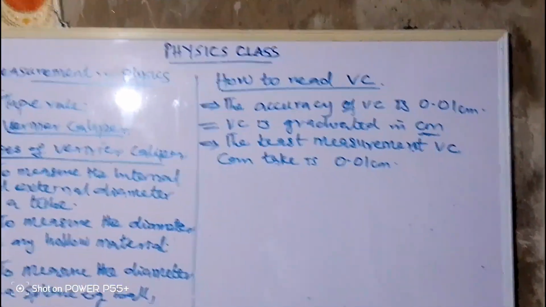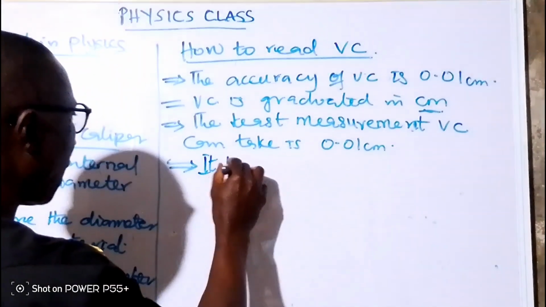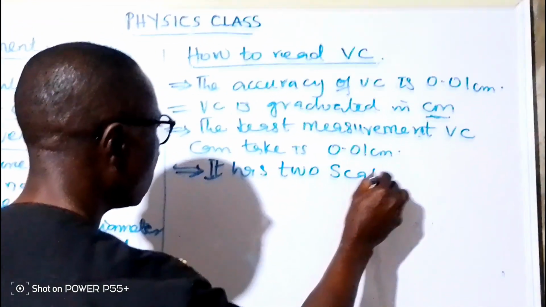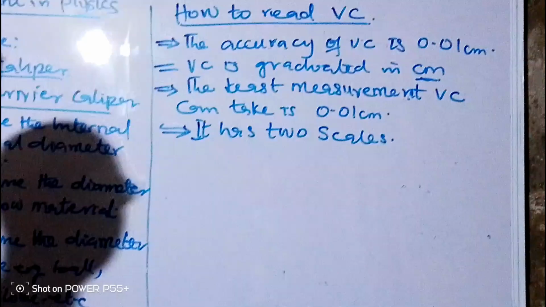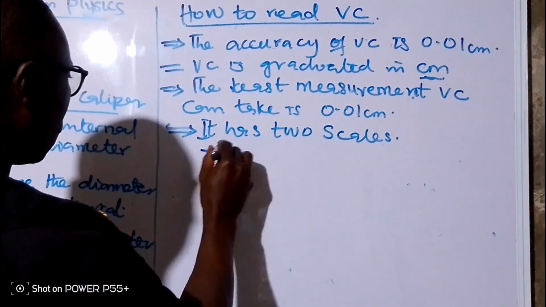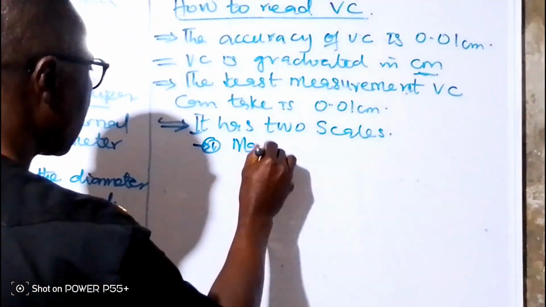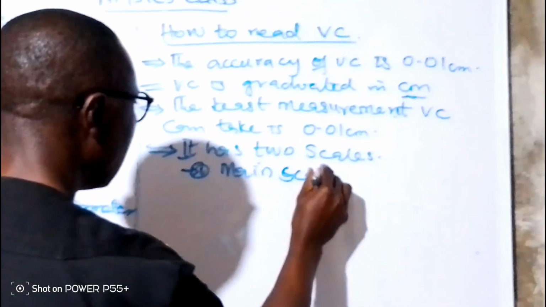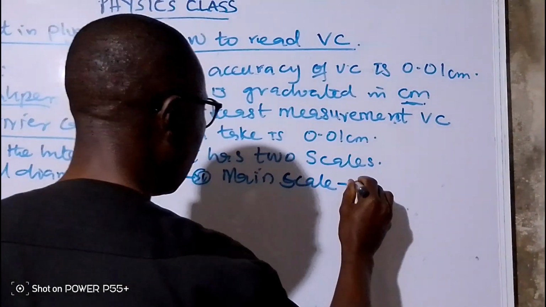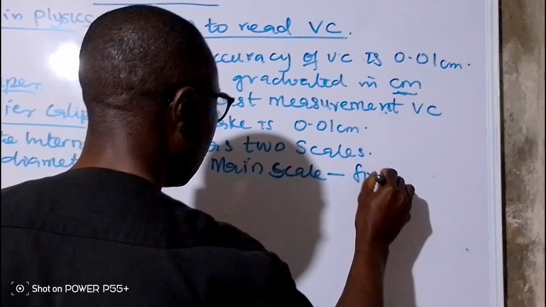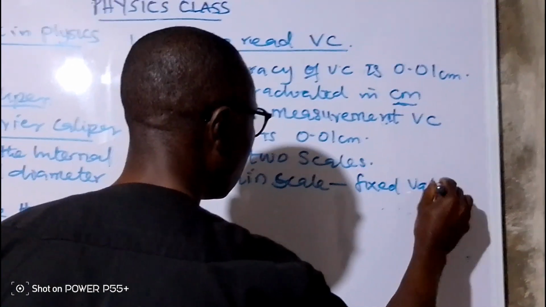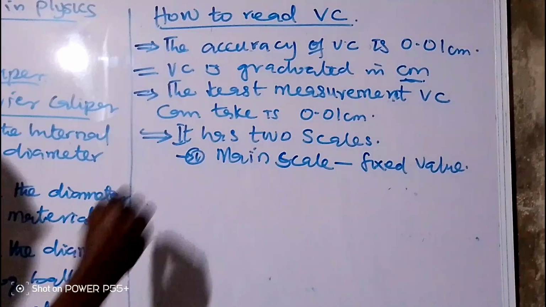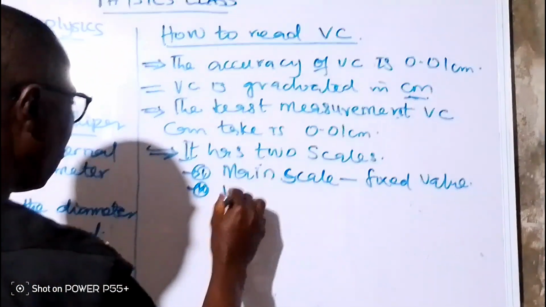It has two scales. One, main scale. This one has fixed value. Then two, vernier scale.